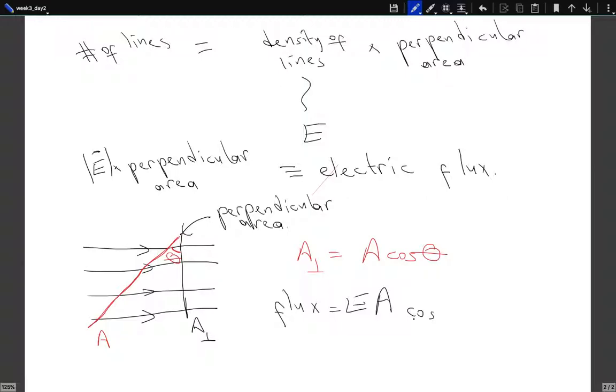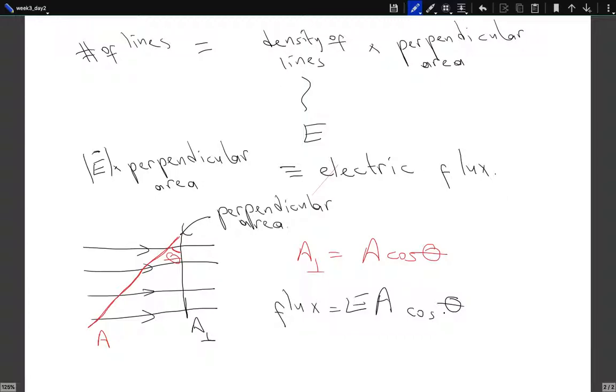So if the angle between this area and the electric field line is defined in this way, then I just multiply with the cosine of that angle. The original definition used the perpendicular area, but instead of choosing a specific area which is supposed to be perpendicular, now I can choose an arbitrary area that I like. The only thing I have to keep in mind is to multiply it with cosine theta. And theta is defined over here.